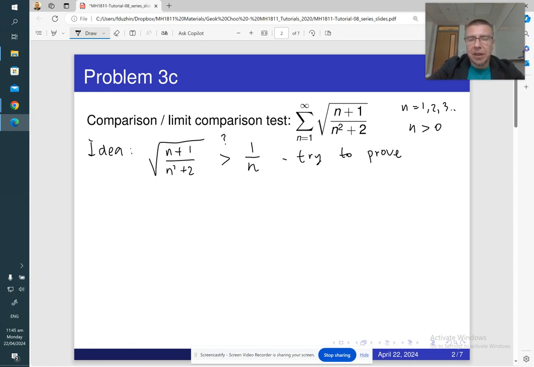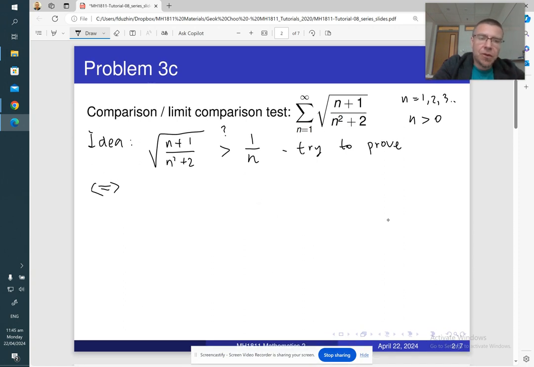So both left-hand side and right-hand side are positive, which means we can just square the inequality, because it is a legal operation to square an inequality where the left-hand side and the right-hand side are both positive. Then the resulting inequality is going to be equivalent to the original one. So this is true if and only if it holds for the squares: n plus 1 divided by n squared plus 2 is bigger than 1 over n squared.